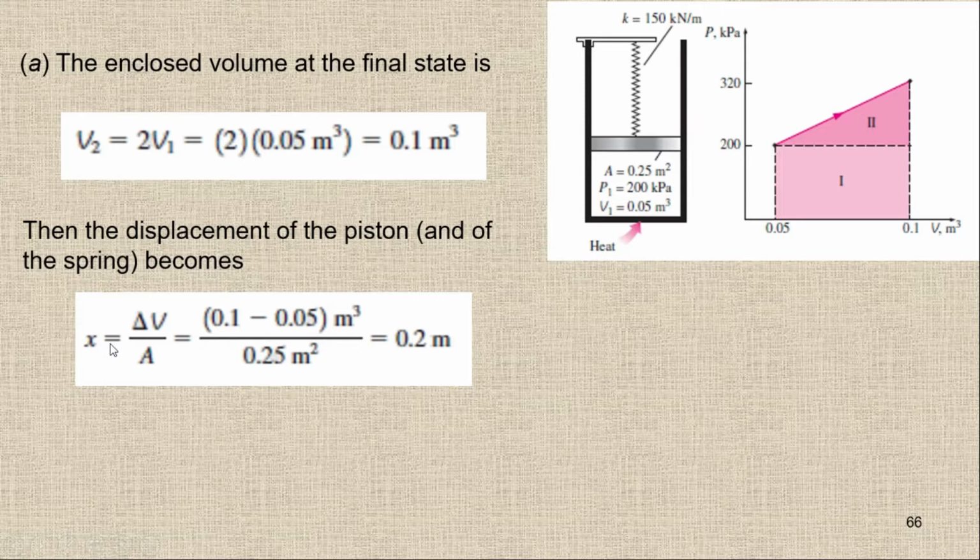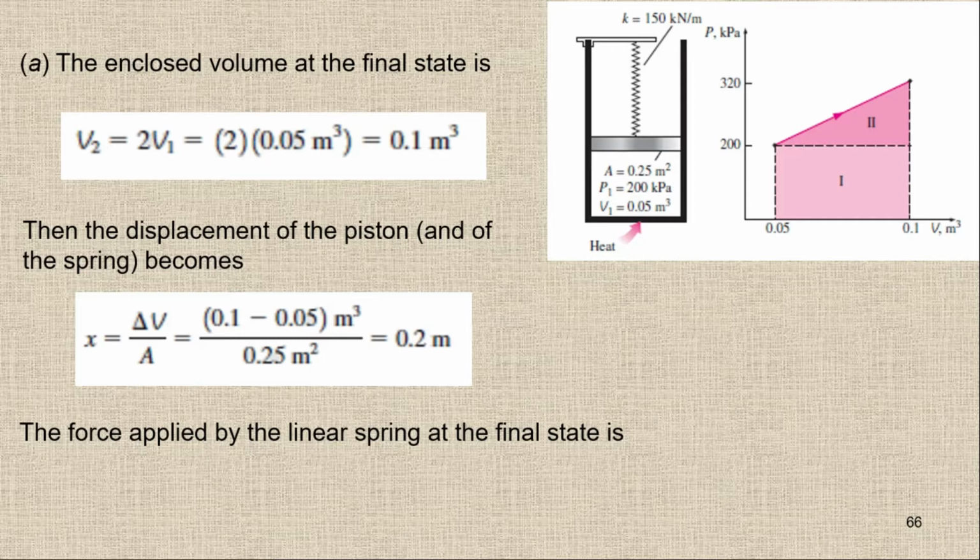So if we have an x, it means this piston is moving x distance. At the same time, this spring will be compressed by x distance. So this spring is going to compress, which means it will exert a force. We can easily find the amount of force with the help of the formula.